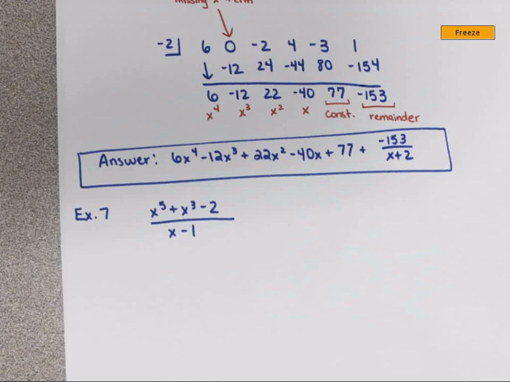So you can check yourself, what power should your answer have ended up in? It should be fourth. If it's not, then something's up. Maybe you didn't put enough zeros or something like that.